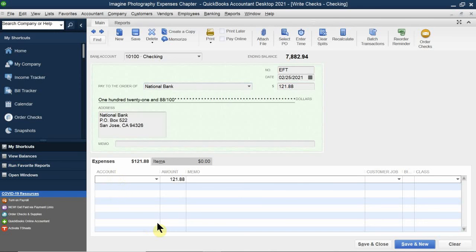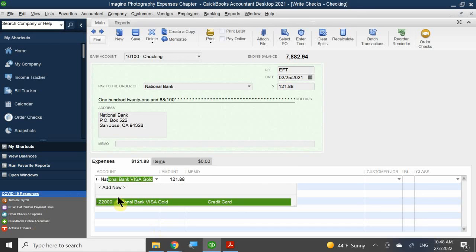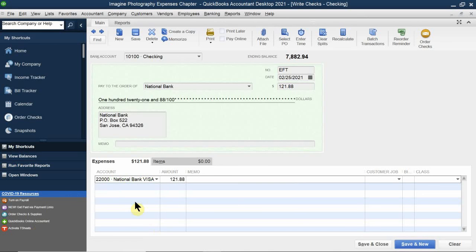And I'm going to pay this check directly to my National Bank Visa credit card. So that's one way that if you're going to pay for it right now, that's how I can do it. And I'm using an online payment because I'm not going to write a check to this company. I'm going to pay them online. So that's what it can do here.